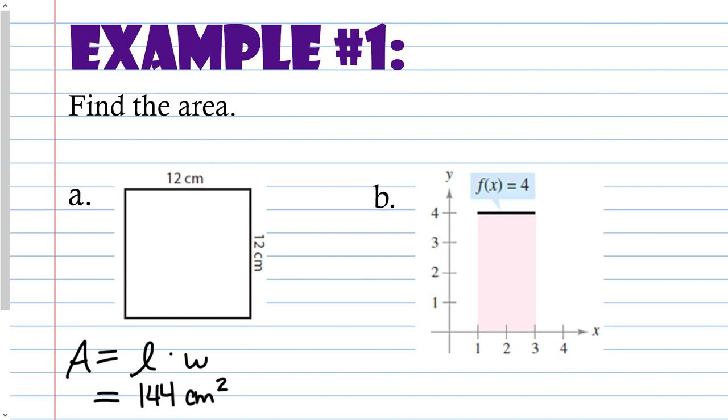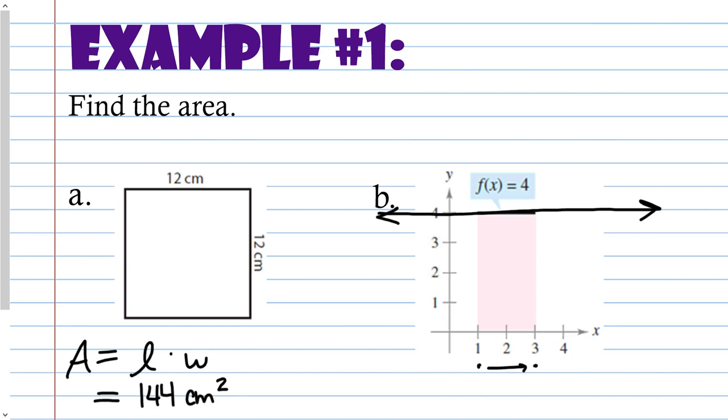Now B is the same idea. It's not a square, it's a rectangle, but the area is the same. The formula for area is the same. But see, if you look, this is actually a graph of an equation. It's y equals 4. Y equals 4 is a horizontal line. But instead of looking at the whole line, we're just focusing on a piece of it, from x equals 1 to x equals 3.